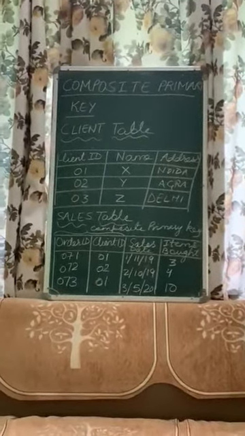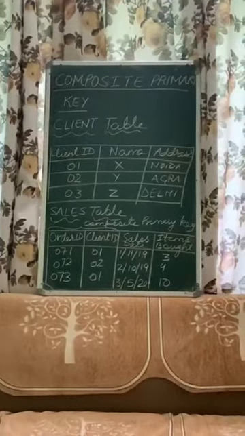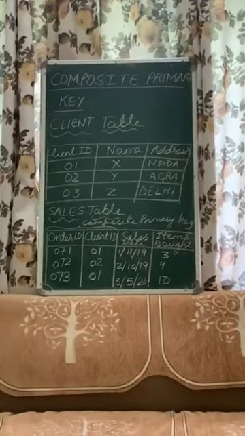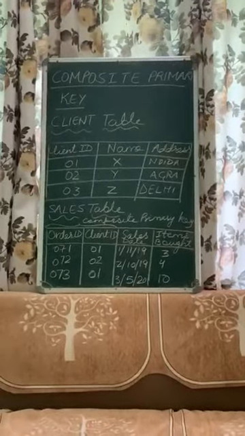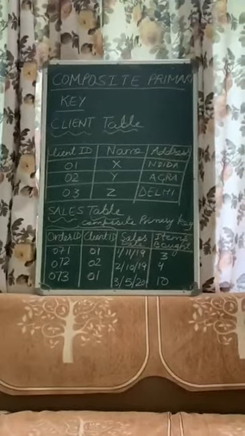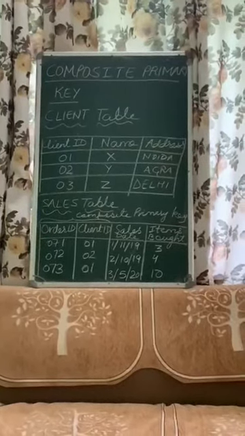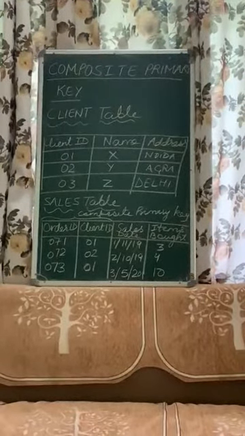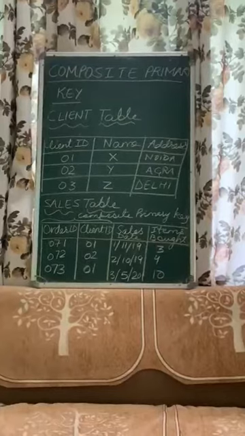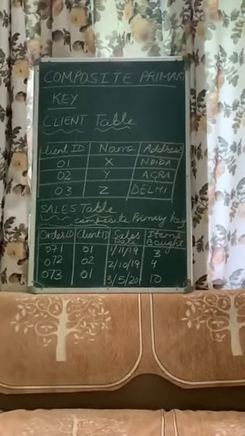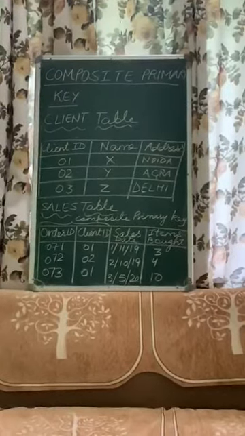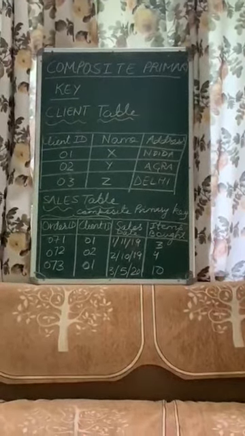A foreign key is basically a key in some other table which was referred to as a primary key in some other table. For example, if we consider these two tables only, client table and your sales table, this client ID here will be acting as a foreign key if we take it in the sales table, because this client ID is the primary key in your client table.